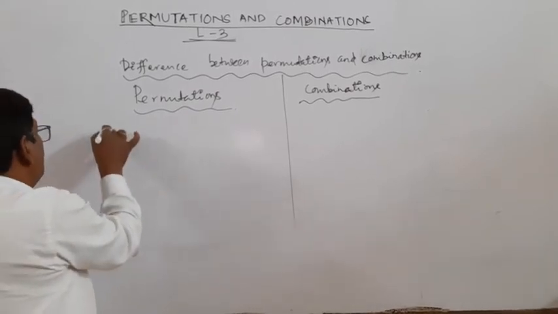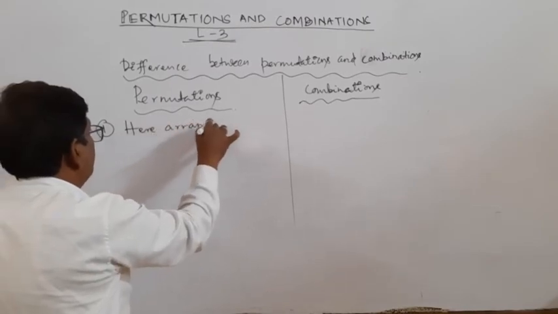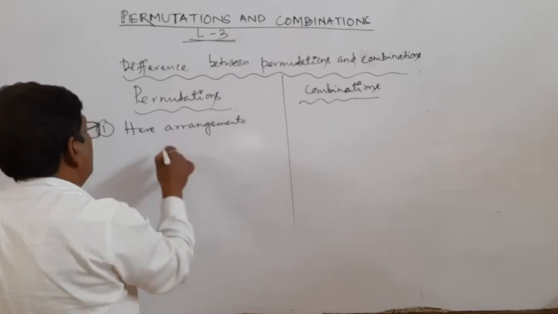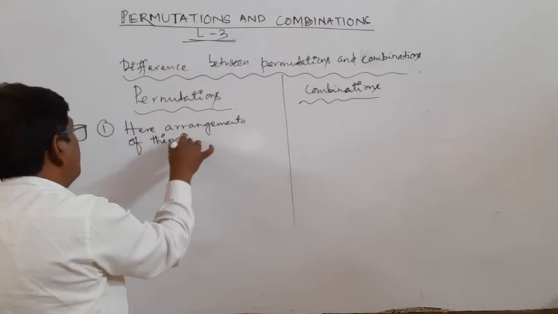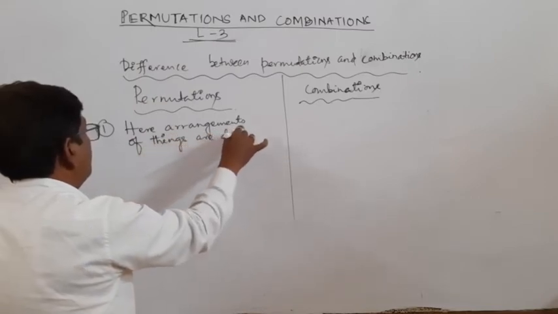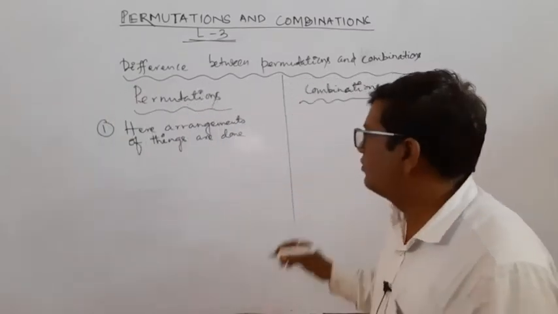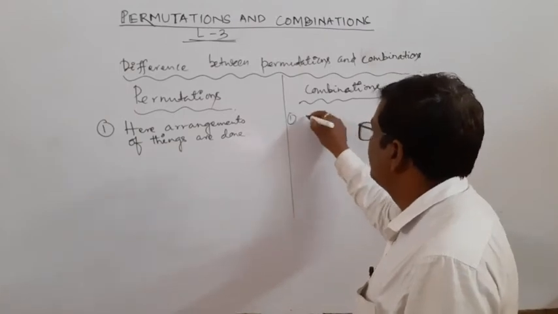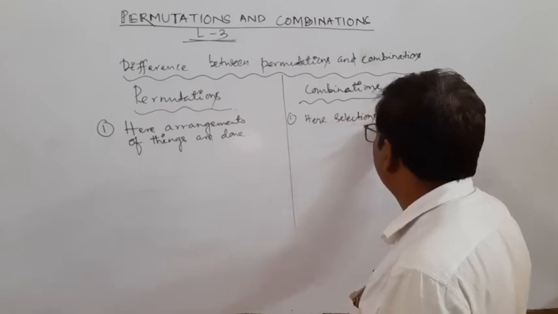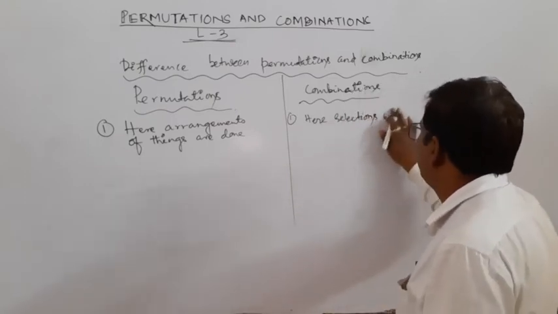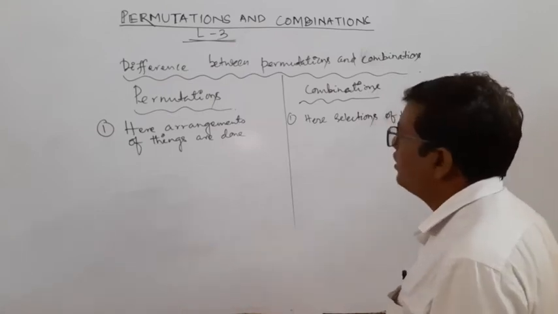Now the difference between permutation and combination. Number one, here in permutation, arrangements of things or objects are done. Number two, in combination, selections of things are done.